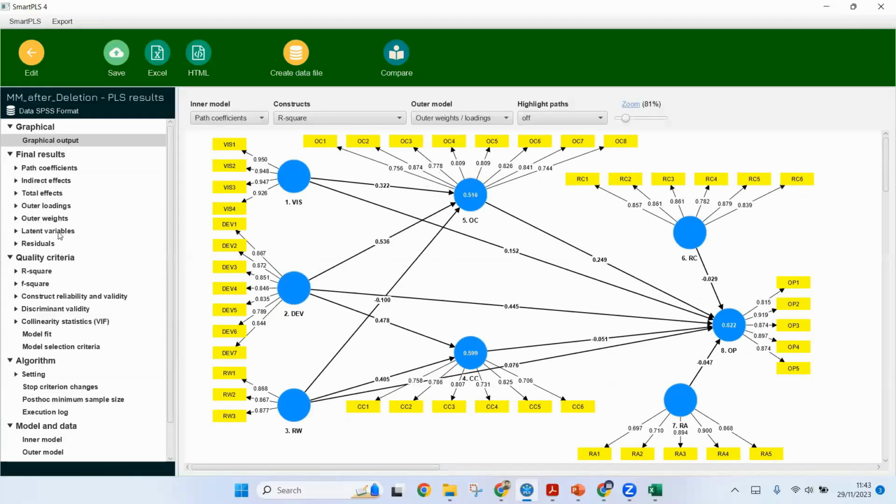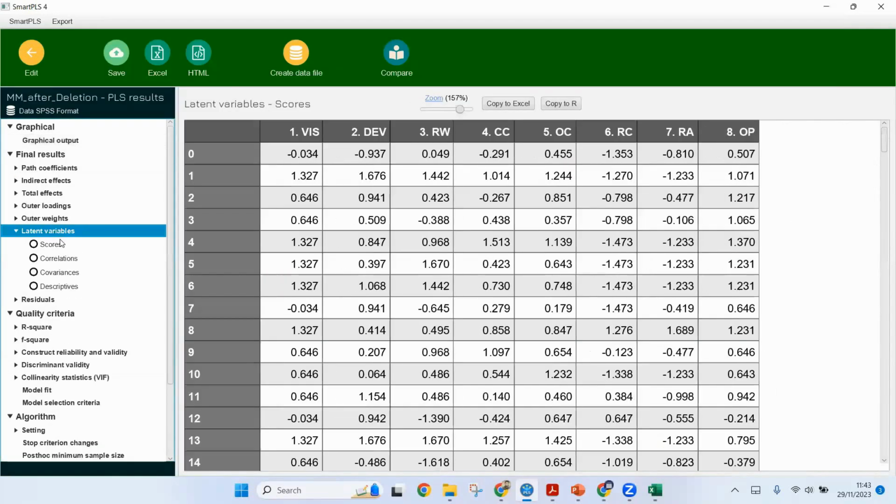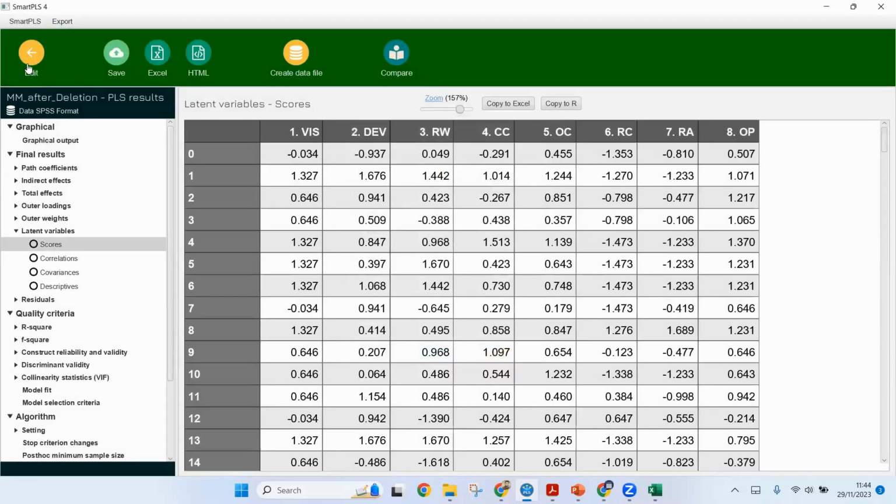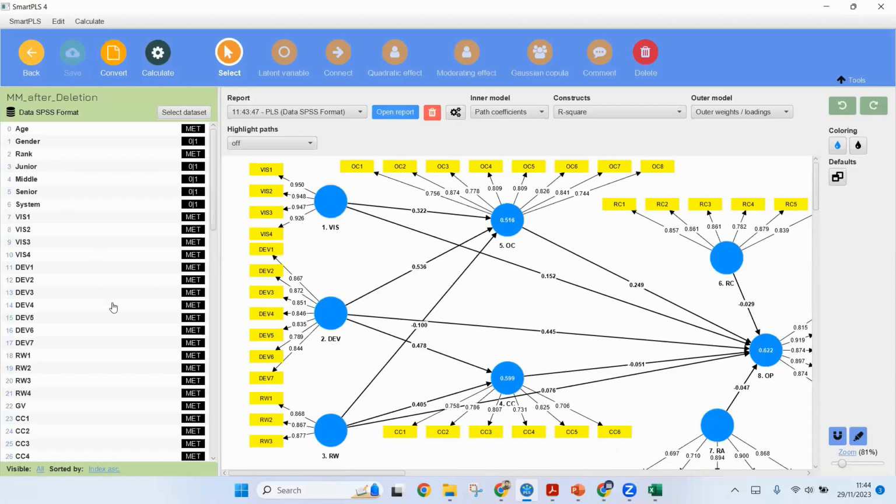So where are my latent variable scores? Here they are. Here are the scores, and I'll create my data file. Once I create my data file, again, these two and this, and I will override, because I already have it, or otherwise you will save it. Now, once you save it, here it is.